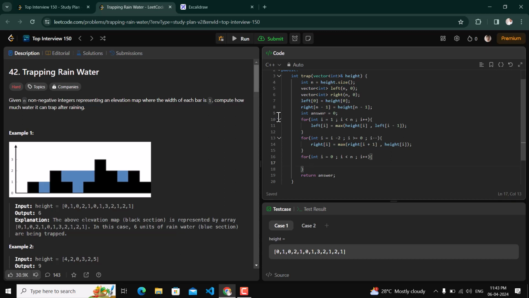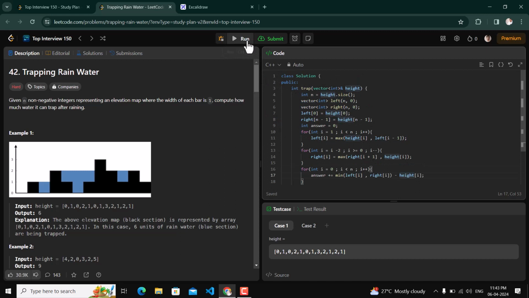Answer plus equals the minimum of left of i and right of i, minus the current height of i. So this is what we have seen.